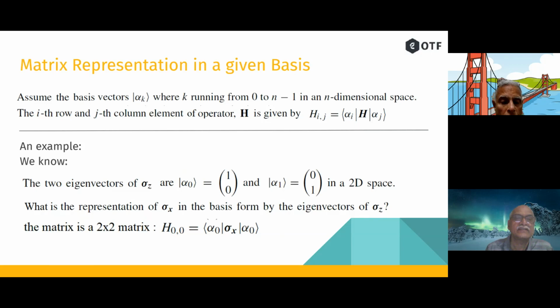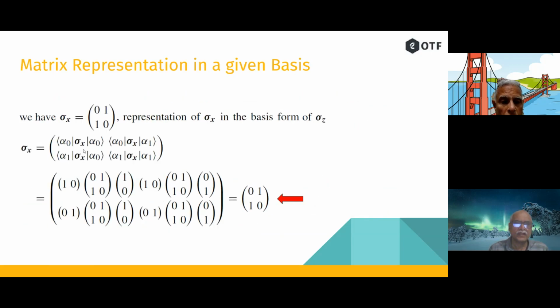So let us quickly evaluate that here. We know sigma x is typically 0 1 1 0, which is just the representation of sigma x, and we can find out what this is in the basis form for sigma z. For that, all we have to do is represent the sigma x and then represent this in the form of the computations like this.